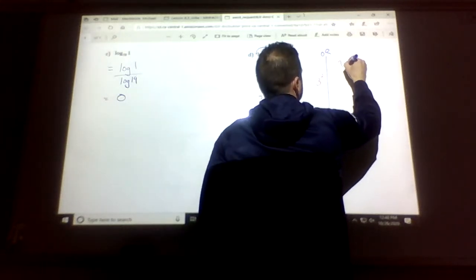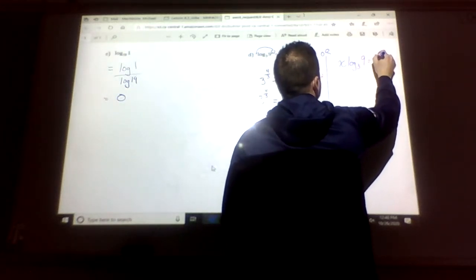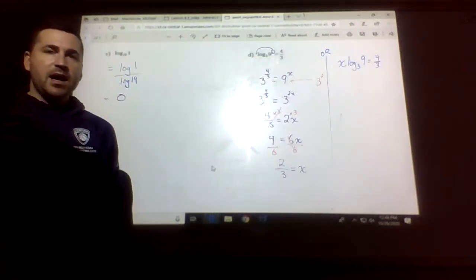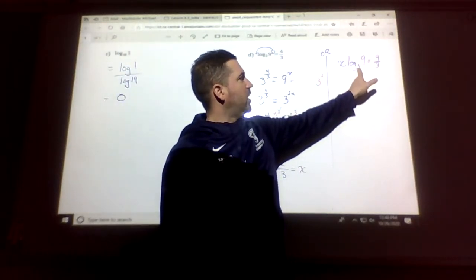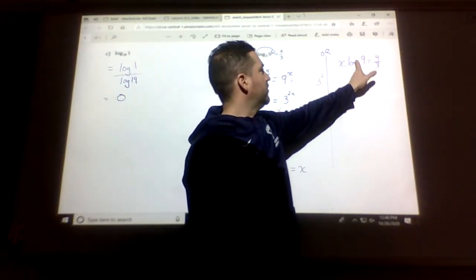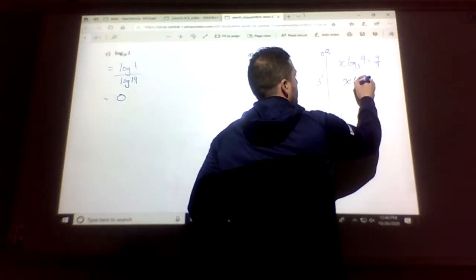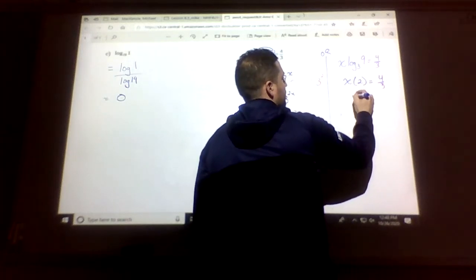So we'll have x log base 3 of 9 equals 4 over 3. And now we simplify the log base 3 of 9 here. If we do that, log 9 divided by log 3 is 2. And x times 2 is 2x.